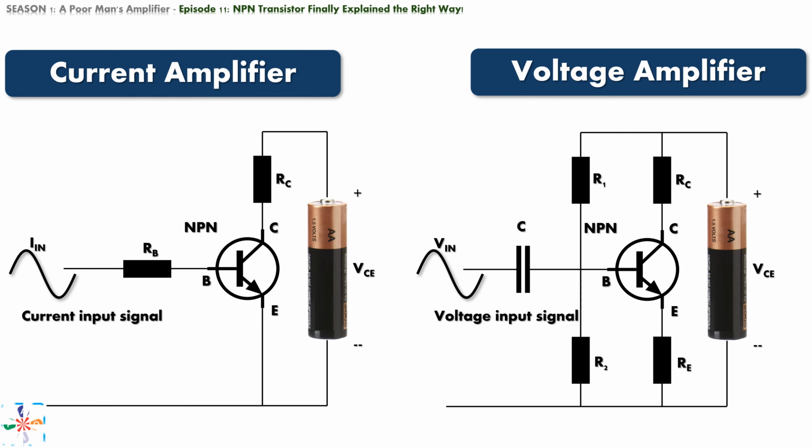We will make separate videos, explaining amplifying current and voltage. For now, you need to be aware that amplifying current and amplifying voltage are two very different circuit designs. The reason for amplification is to make a weaker input signal stronger, regardless of whether we have a weak current or voltage input signal.